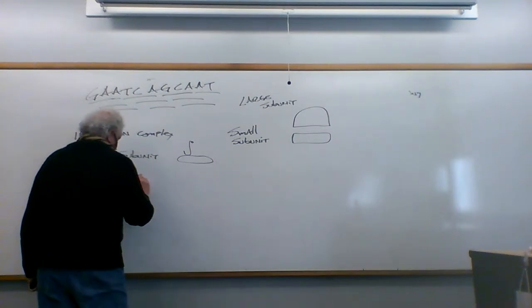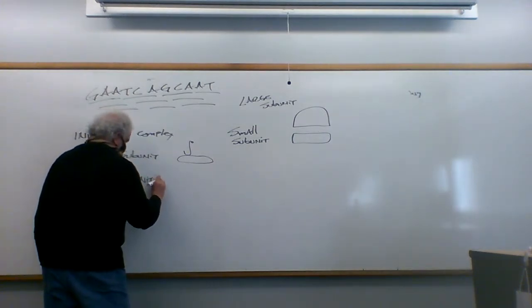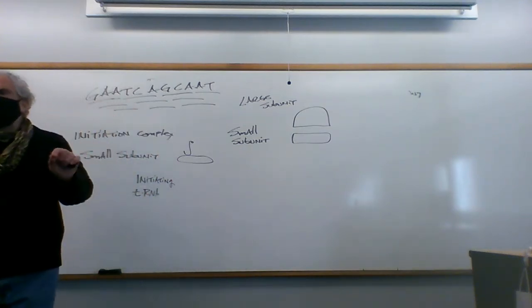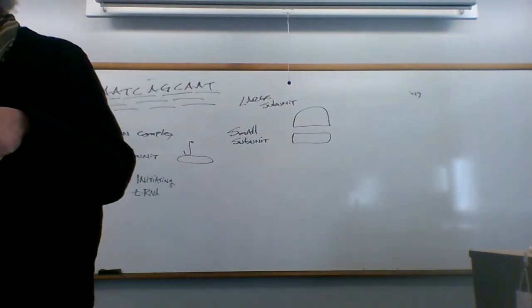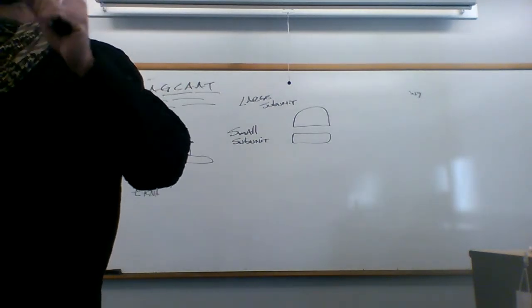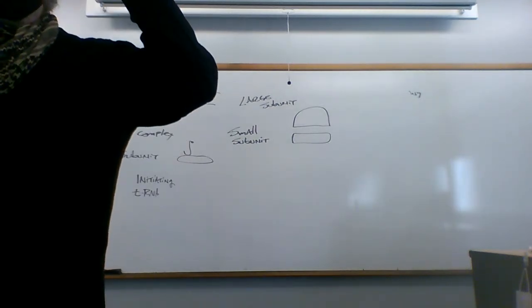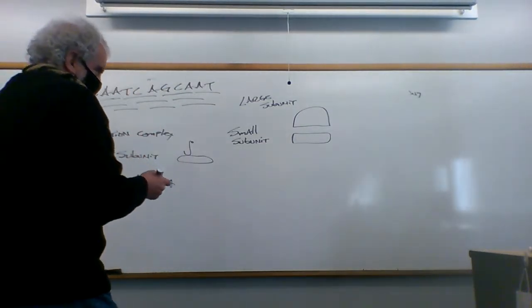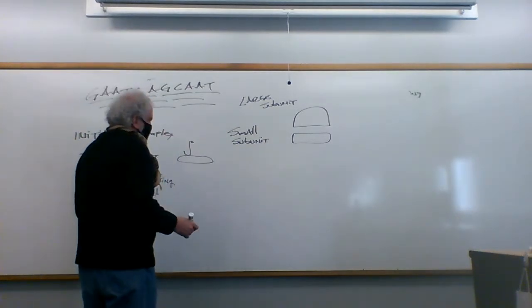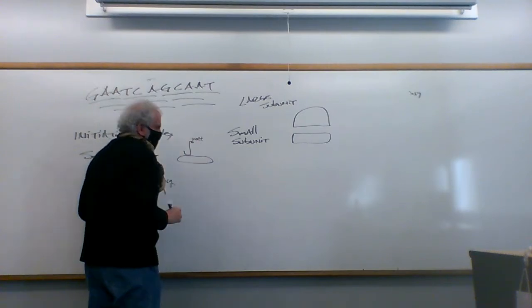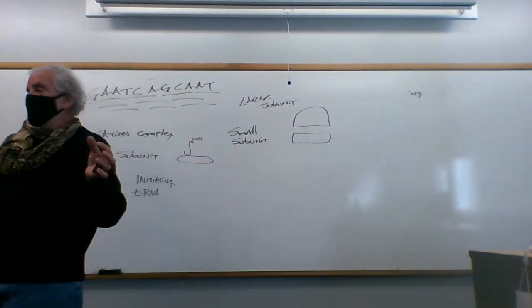This is the initiating tRNA, and most of the time, not all the time, the first amino acid is going to be coded for by the codon AUG. The first amino acid is a methionine. And so the initiation complex takes advantage of this, and it's got a methionine tRNA attached to it.